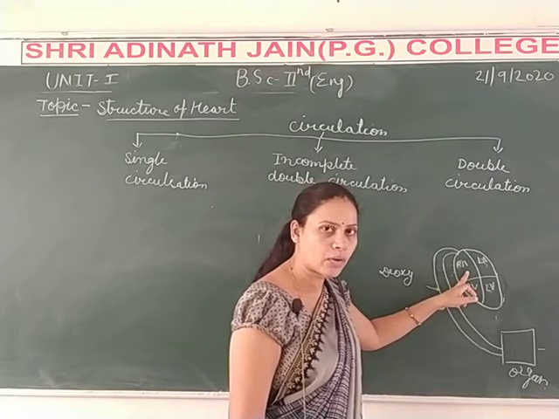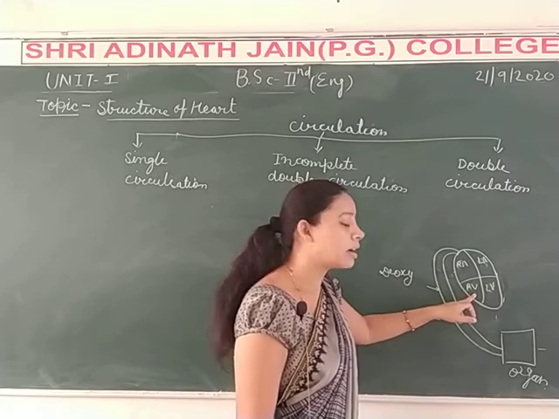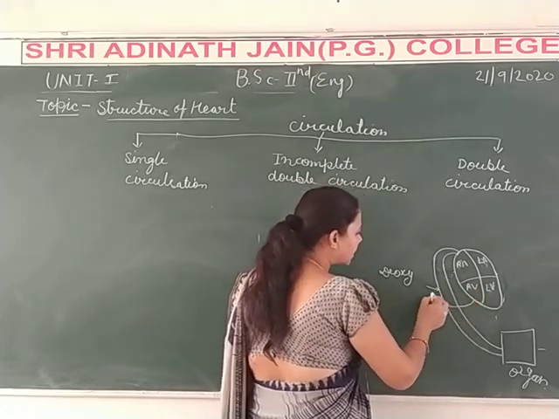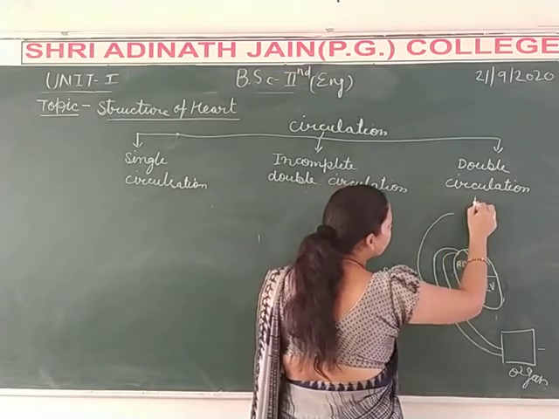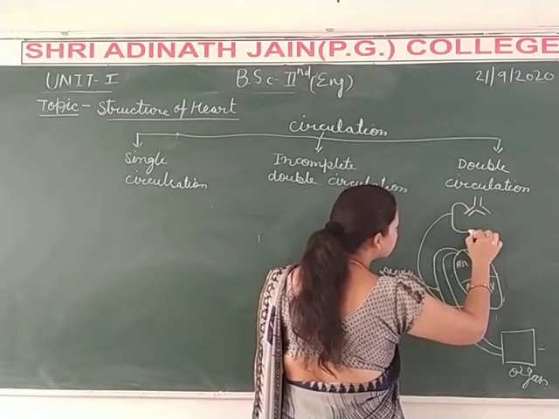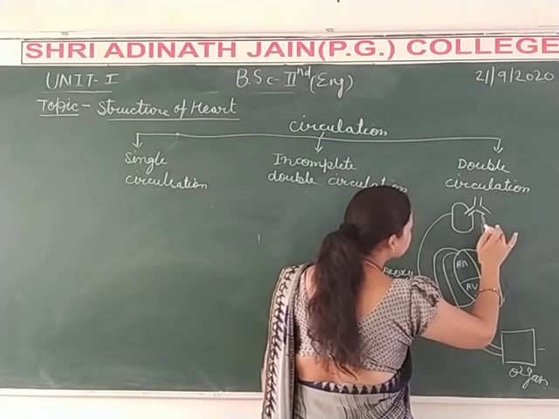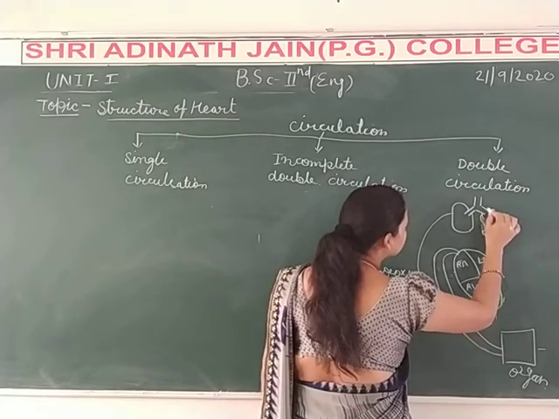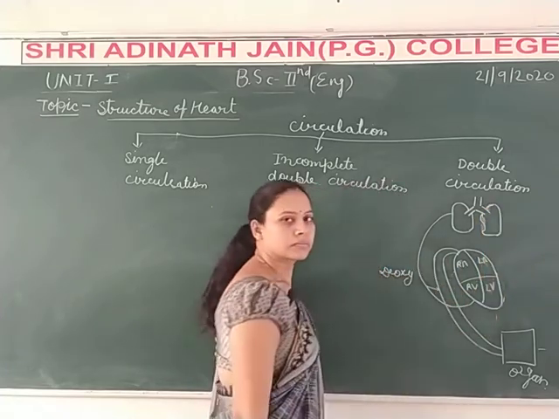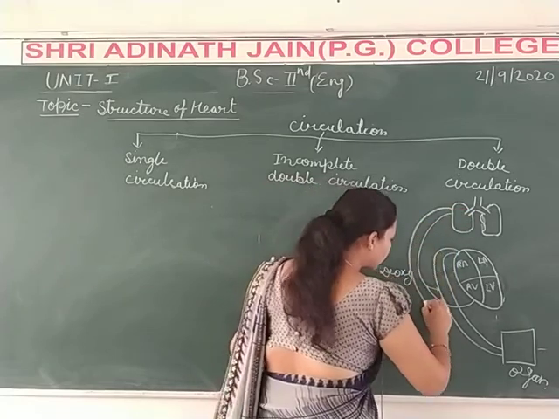On the right side of the heart, from the auricle, blood is transferred to the ventricle, and from the ventricle this deoxygenated blood is sent to the lungs. बात समझ में आई?